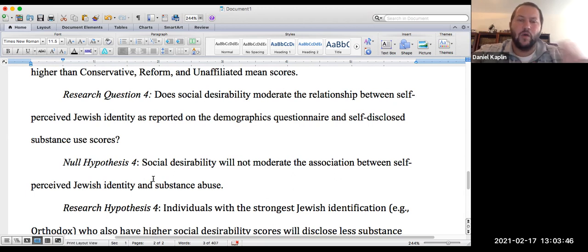So you might say, oh, well, maybe Orthodox Jews, they lied in the study, so that's why they had lower scores on substance use. But you can't say that, because I used a regression analysis to determine whether that effect held or was maintained even after I partialed out the effect of social desirability. So that was pretty cool.